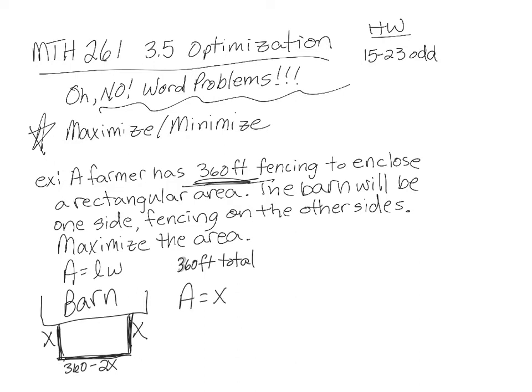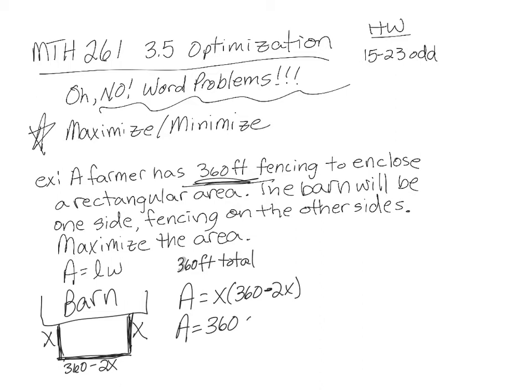One side is X, the other is 360 minus 2X. There's the formula for the area that you want to maximize. So how did we find maximums and minimums when we were graphing? We found the critical values. So what we want to do is simplify this thing, take the derivative, set it equal to 0, solve for X, and boom, you're done.